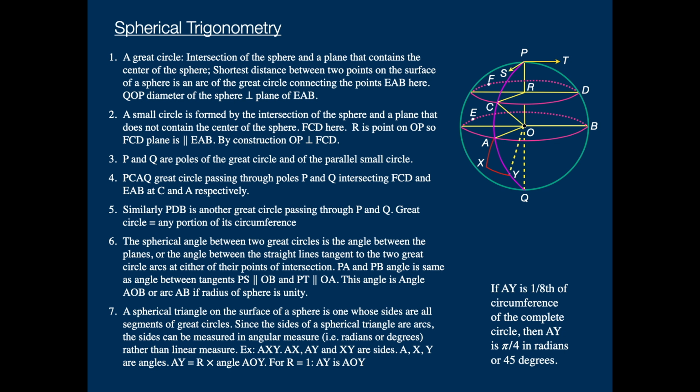So AY is the same as the angle subtended at AOY. And then, as I said, you also have the angles between the arcs themselves. Those are given by drawing tangents at the points, so you will have the angle between the arcs.